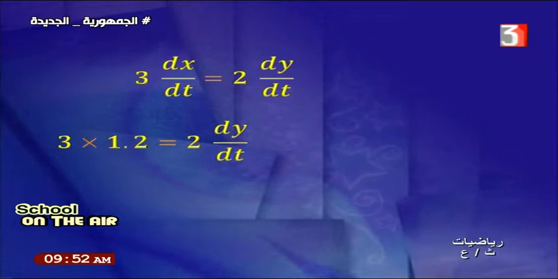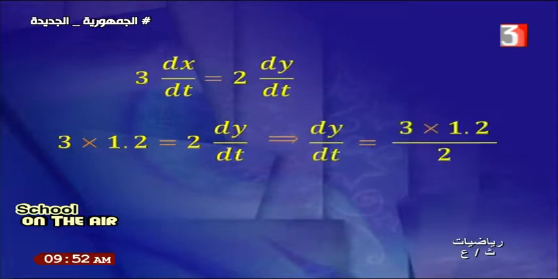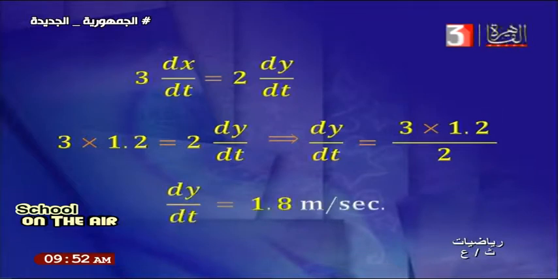We know that the velocity of the man dx/dt equals 1.2, then 3 multiplied by 1.2 equals 2 dy/dt. Then dy/dt equals 3 multiplied by 1.2 over 2, which equals 1.8 meter per second. Then the rate of change of the length of the man's shadow equals 1.8 meter per second.